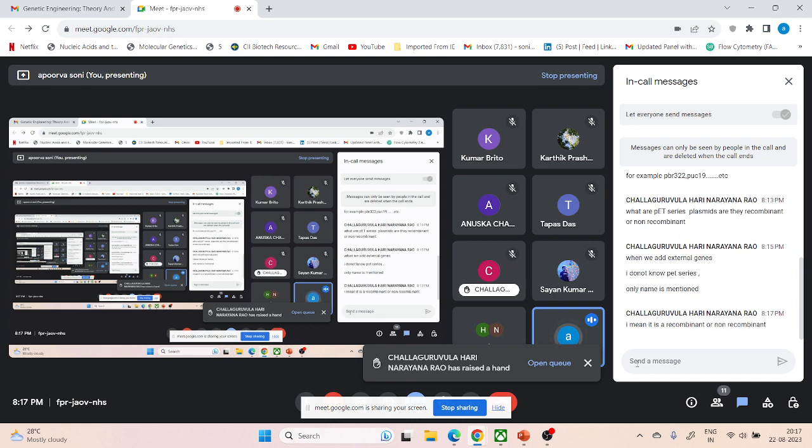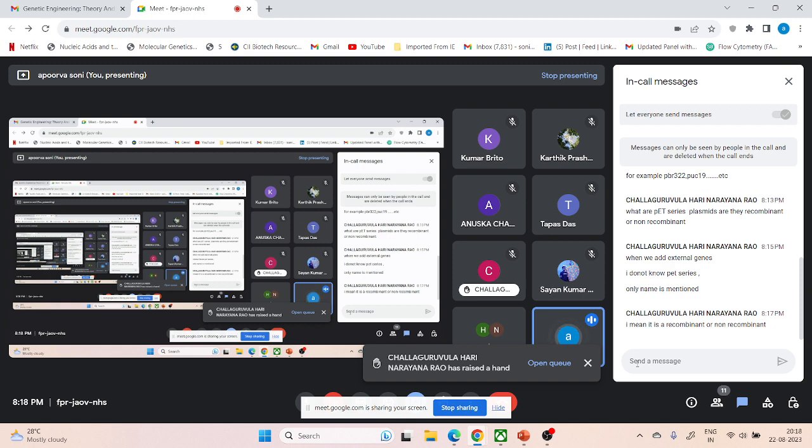As of now, what you can understand about the PET plasmid is that whatever gene of interest you are cloning into the PET vector is in the control of T7 RNA polymerase. How can you say that a plasmid is recombinant or non-recombinant? Any plasmid will become recombinant only when you are adding a gene of interest. It's a basic concept, Narayan.